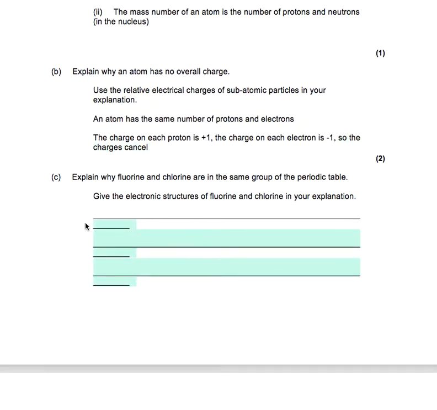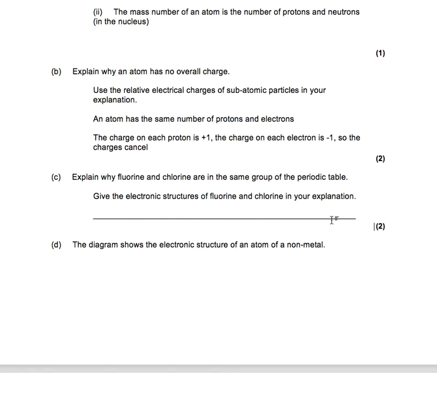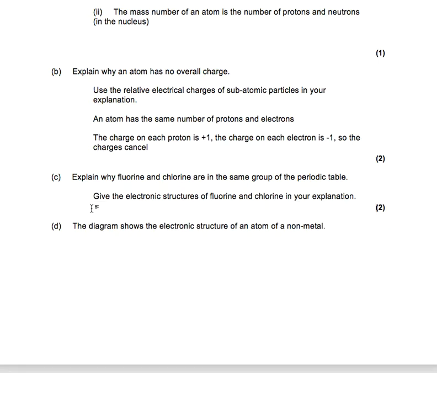So explain why fluorine and chlorine are in the same group. Again, 2 marks. Well, from a first mark, we happen to know that's 7, because we know they're in group 7, right?